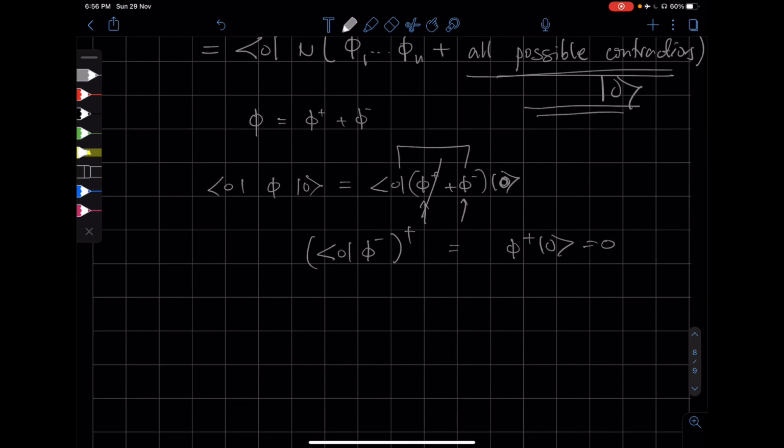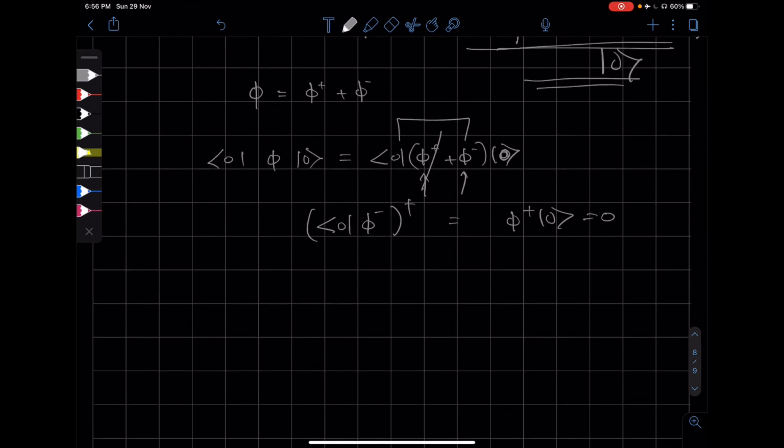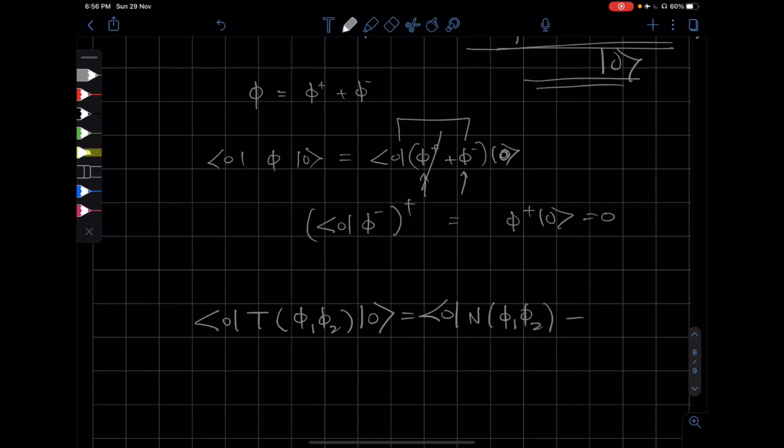So let me demonstrate this with an example. And the example is the simple example where we have the time-ordered product of two operators. Then, of course, what we have is the normal ordered product of these two operators, and then we have the contraction.